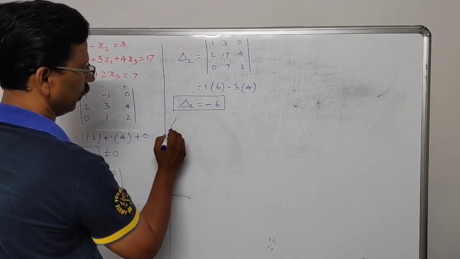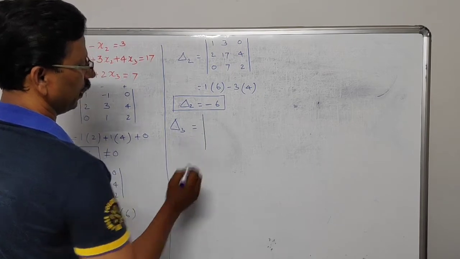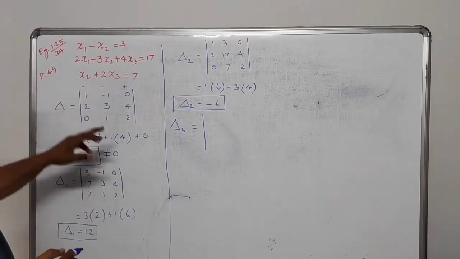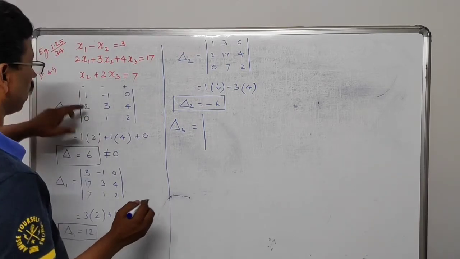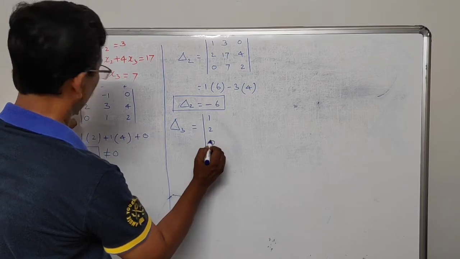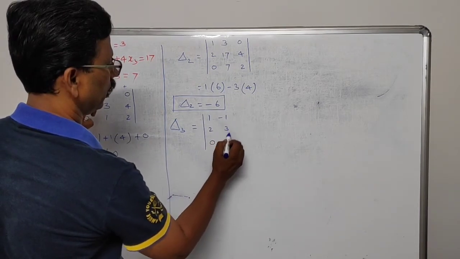Then next we can find delta 3. Delta 3 is the determinant obtained by replacing the third column of the determinant by the constants. Write the first two columns as such, 1 2 0 and minus 1 3 1.